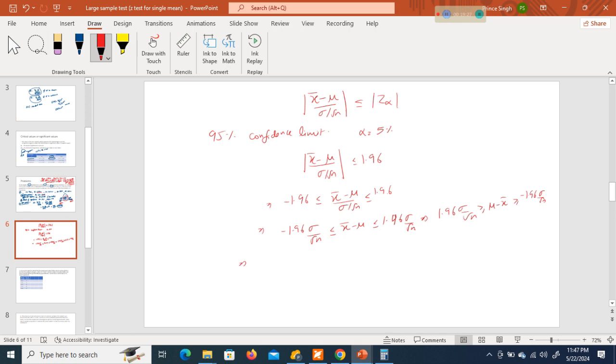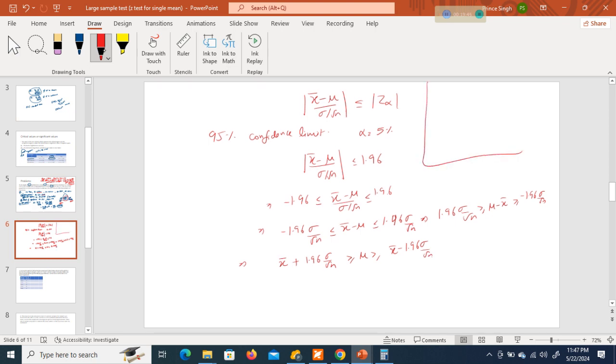So what do we get? X bar plus 1.96 sigma upon square root of n greater than or equal to mu greater than or equal to x bar minus 1.96 sigma upon square root of n. So I have derived this formula.